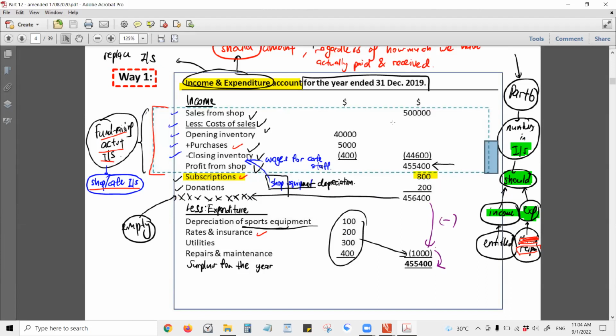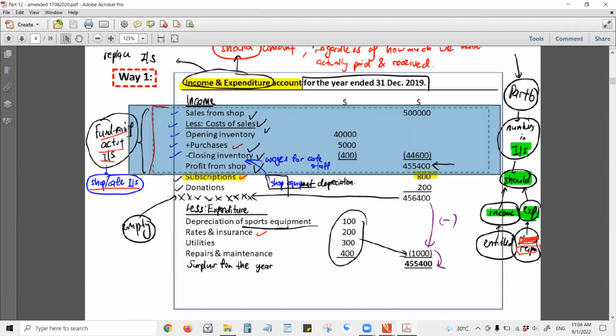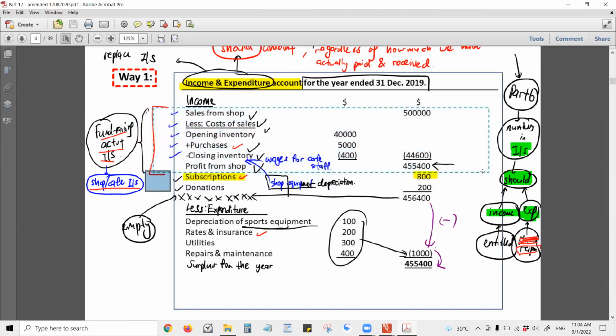So you determine whether your shop or cafe has been doing well or not first. With this part, then only you go on to write down other incomes of the club, income from other parts of the club. Then you total up.